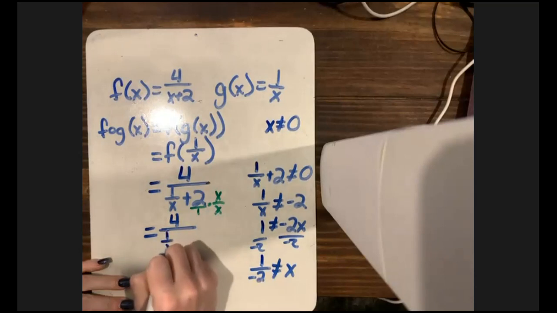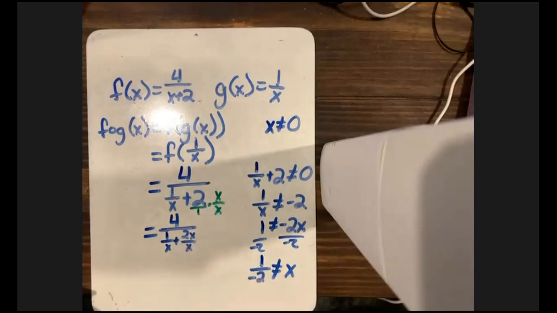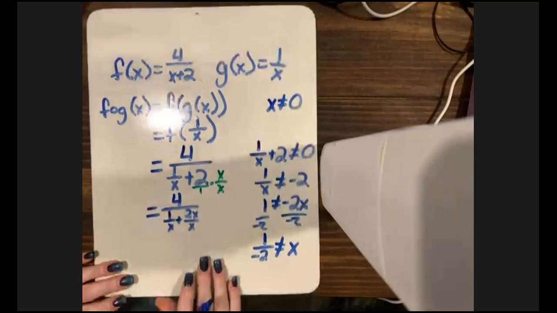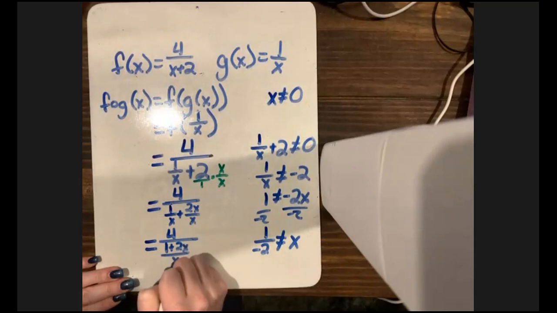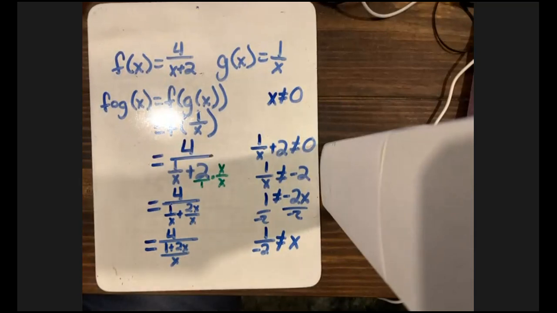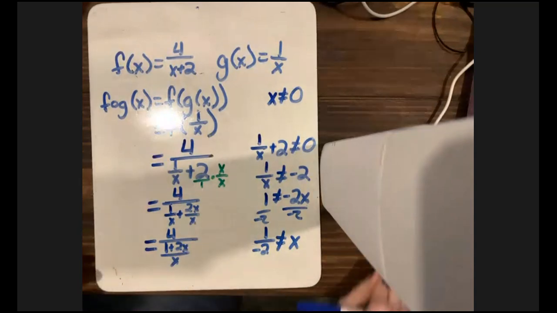So I'm going to have 1/x plus 2x over x. And this is so that I can combine and make a single one down here. Okay, same way that you would do 1/5 plus 2/5 is 3/5. Same concept.